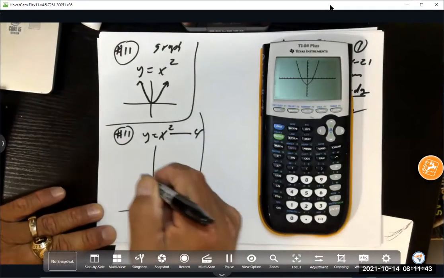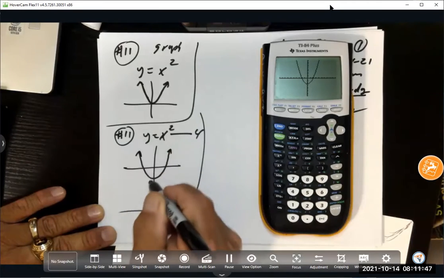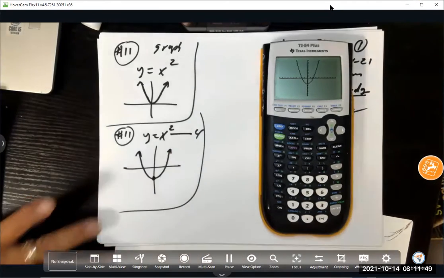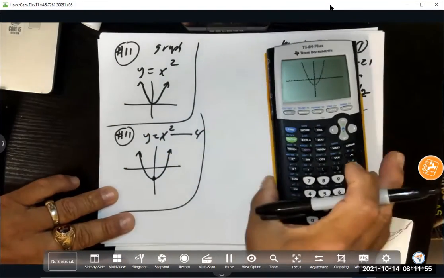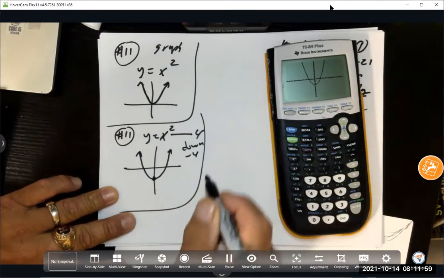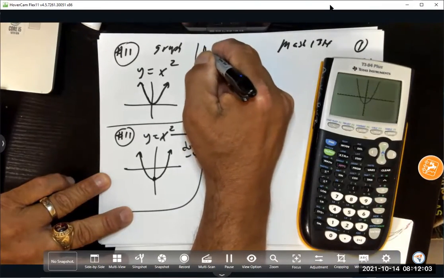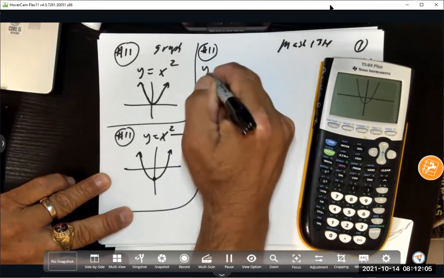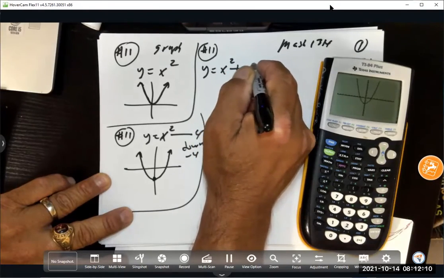You get a graph that goes like this, yes or no? It looks like the same thing, but it's under, right? It got pushed down, minus 4. Now this one, number 11 also, y equals x squared plus 6.